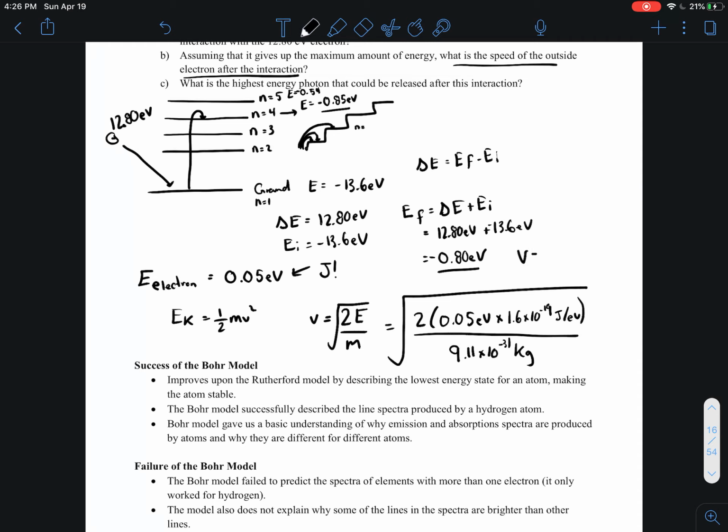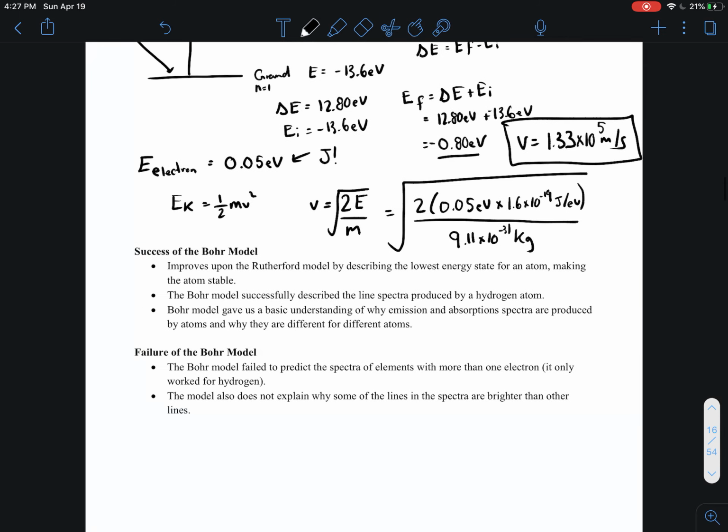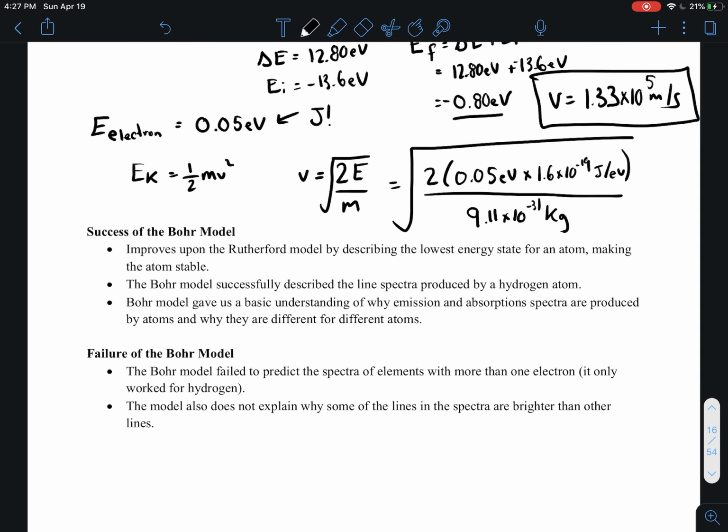I get a speed of 1.33 times 10 to the 5 meters per second.